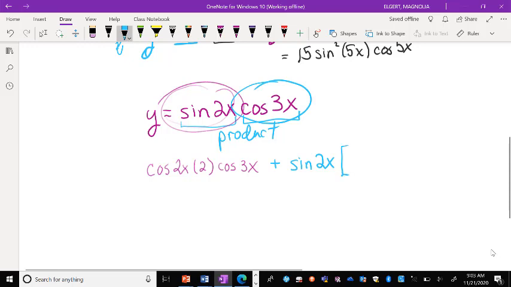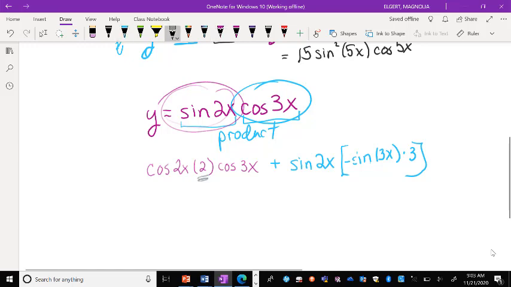So is there a power? No. So now we do the trig function. What's the derivative of cosine? Get negative sine, keep the angle, multiplied by the derivative of the angle, which is 3. Now we're just going to simplify that. Looking at this, be careful simplifying.